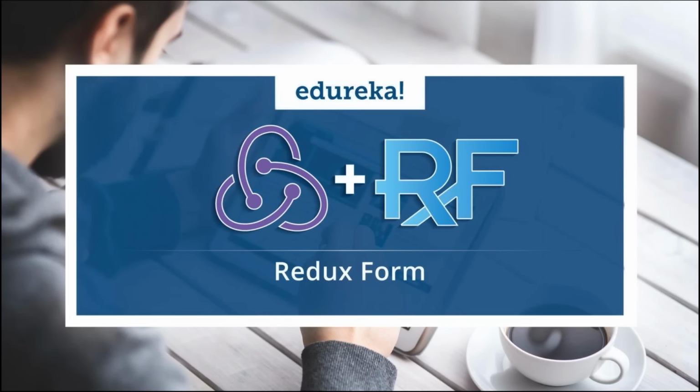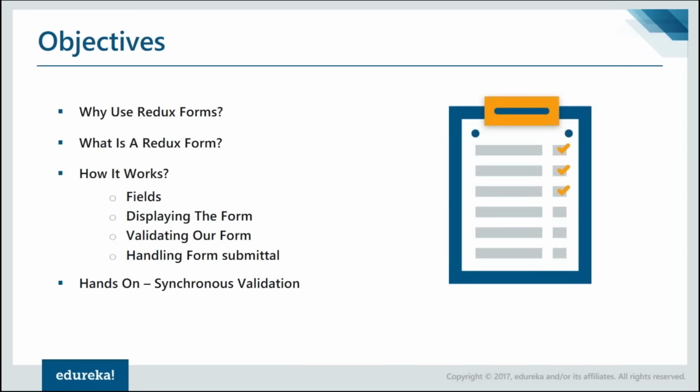Going forward, we'll talk a little bit about Redux, because it's very important to understand Redux, since it is altogether separate from React. We are combining here the React functionalities and the Redux functionality. Now, the objectives for this webinar: why we are using these Redux forms and why they are required, because we have React form elements available.